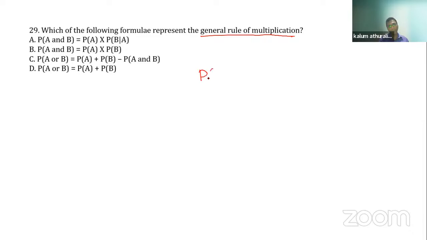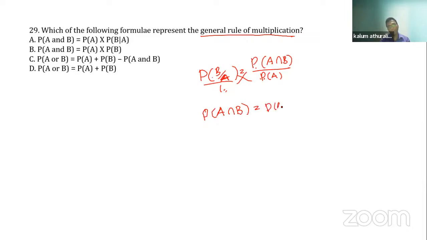We know the conditional probability formula: P of B given A equals P of A intersection B divided by P of A. Then the cross product of this formula: multiply these two, and these two. 1 times P of A intersection B equals P of A times P of B given A. This is called the general rule of multiplication in probability.